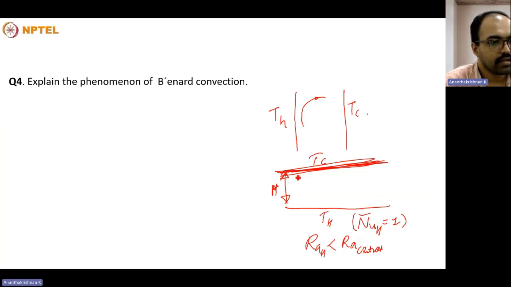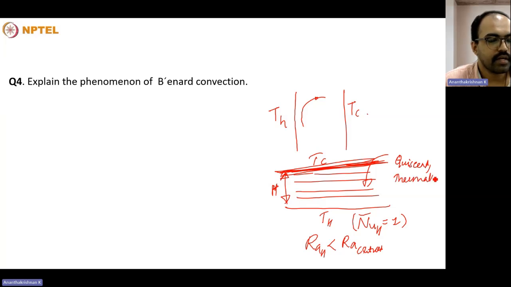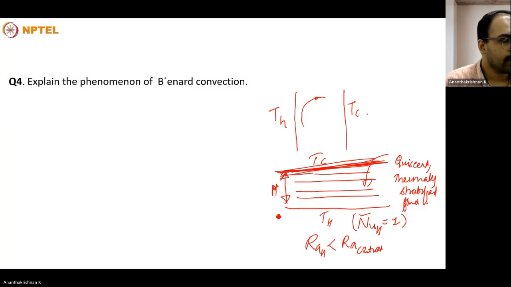That means that there is no convection at all. It is basically conduction, with a thermally stratified fluid.